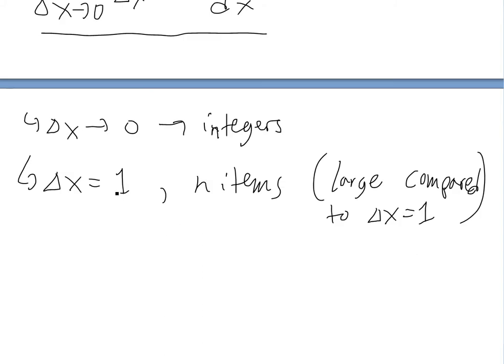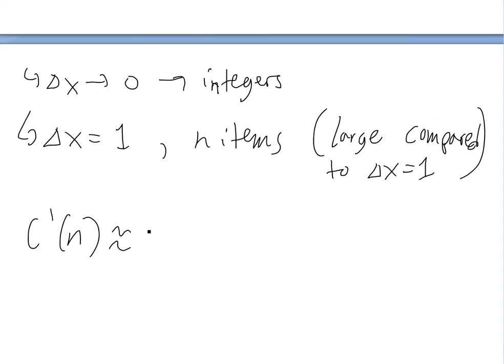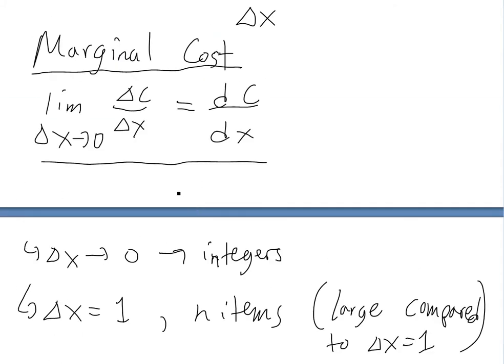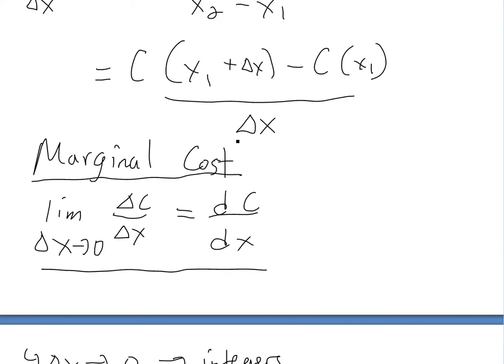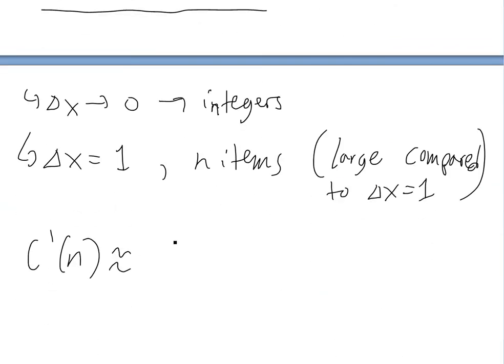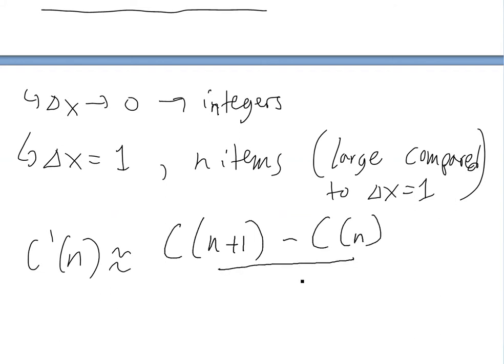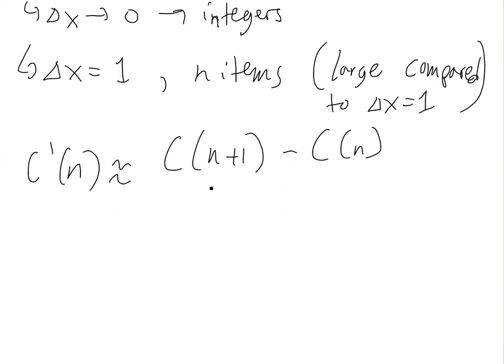So the derivative, or the marginal cost, is approximately c prime of n items, just plugging in this delta x inside our average rate of change function there. So we're going to get c of n plus 1 minus c of n, and remember it's divided by 1 here, but that doesn't really affect it in any way, so I just get rid of that. So this is what we're left with.